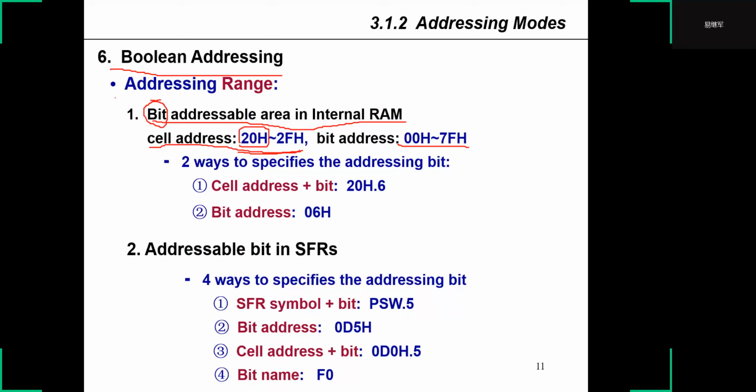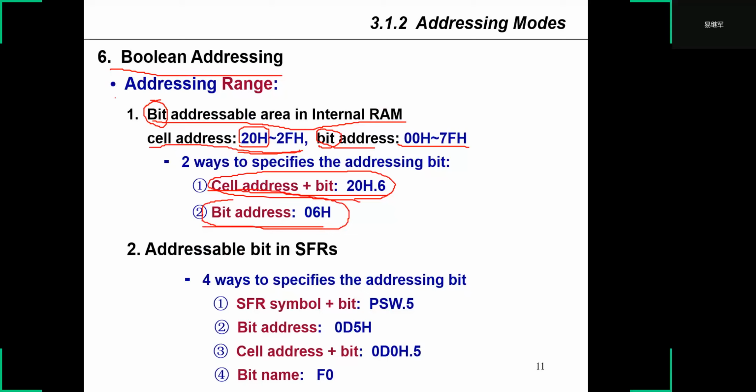So if we want to access a bit of 20H, we use 20H.0 to 20H.7, or just use the bit address 00H to 07H. This is the byte address, and this just uses the bit address.